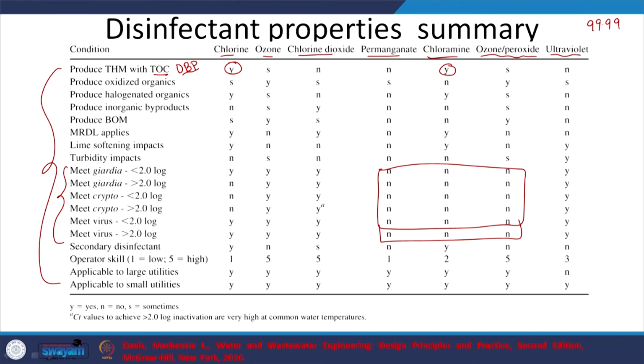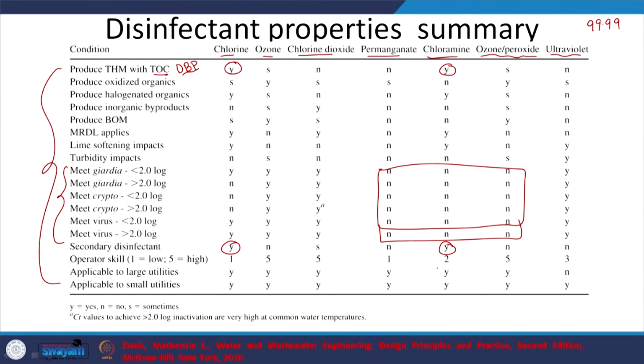So secondary disinfectant, I'm assuming that it's about the relevant residual disinfecting properties. So chlorine, yes. Ozone and UV, certainly not. Chloramine, yes, right. So obviously if I want to have a residual oxidizing capability in my water, I need to choose chlorine or chloramines.